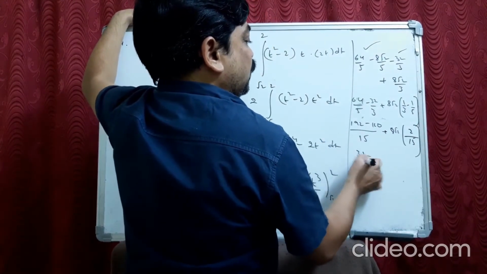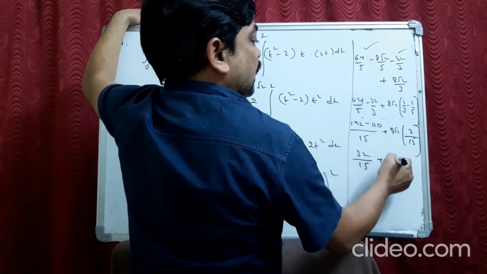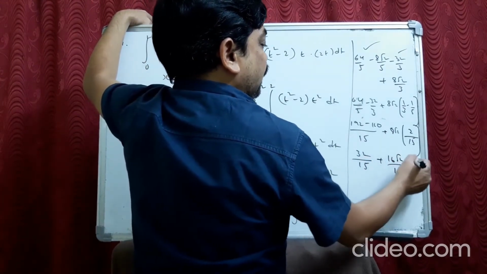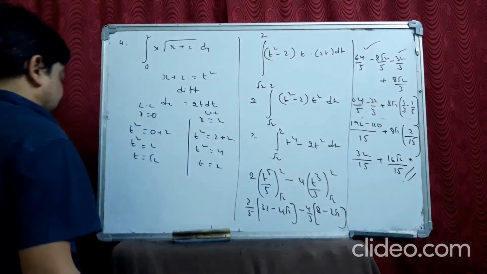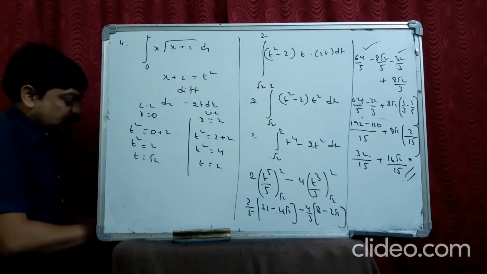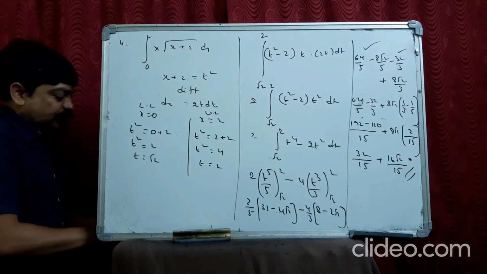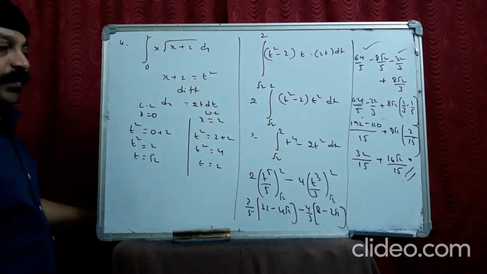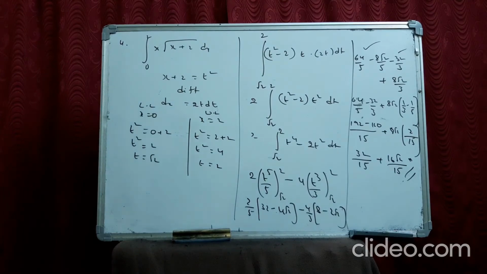This becomes 32 by 15 plus 16 root 2 by 15. That's it, let us check. 16 root 2 by 15. Yeah, they took root 2 common, 32 by 15. Perfect. They took 16 root 2 common.